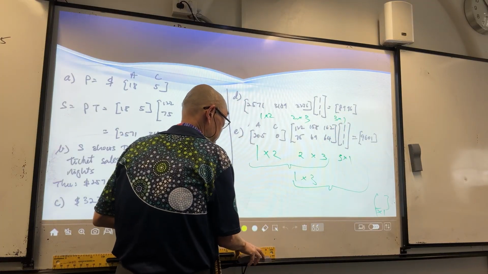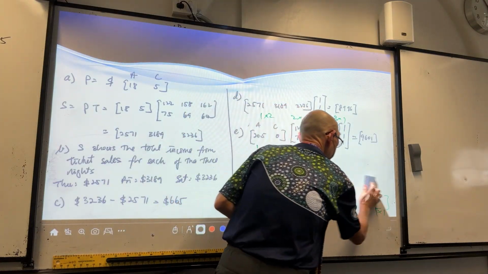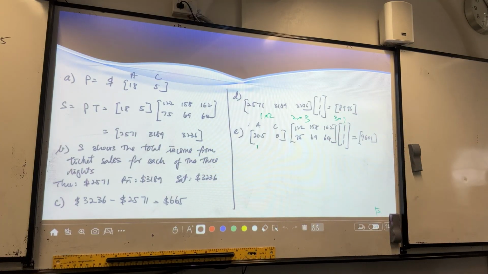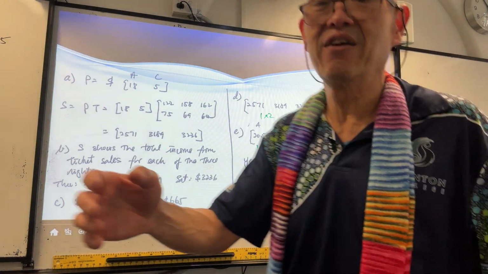Alright? So, one last 30 seconds. So therefore, the sales of 65 make up the shortfall. Alright, I'm going to stop here. Sorry, it took longer than expected because of the technology problem.